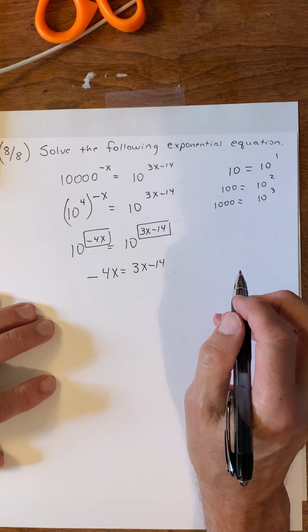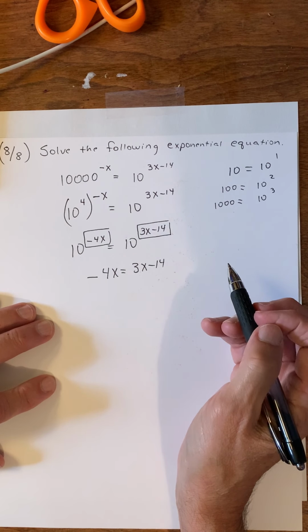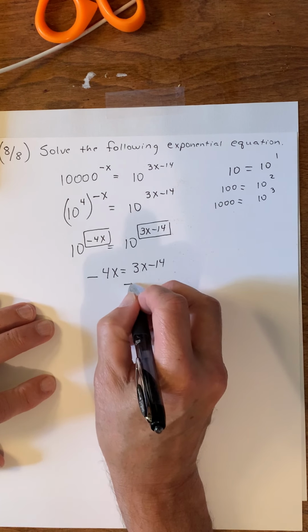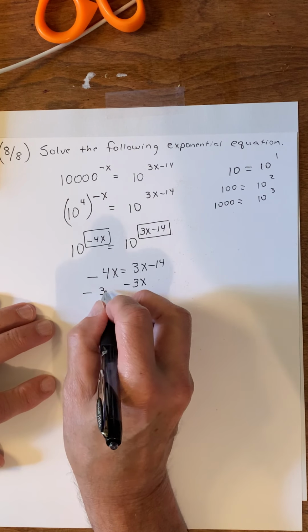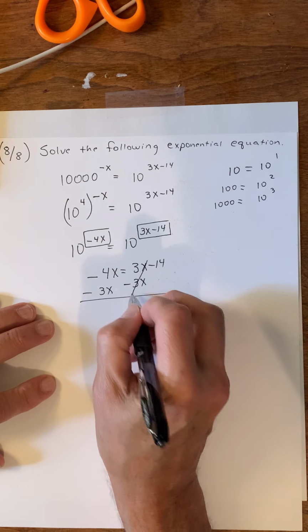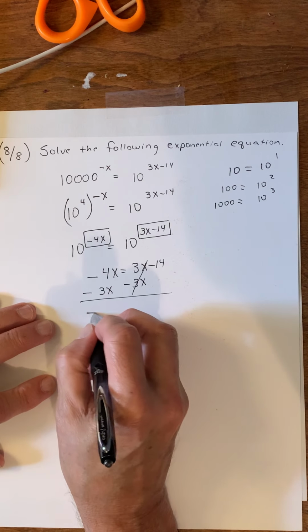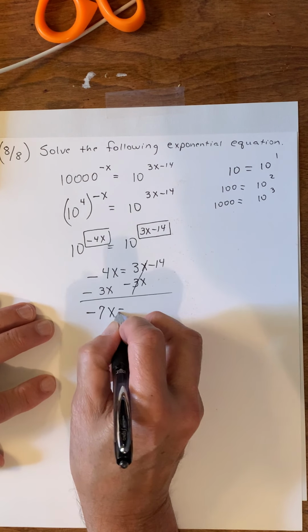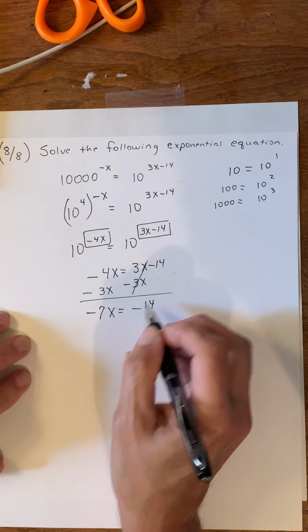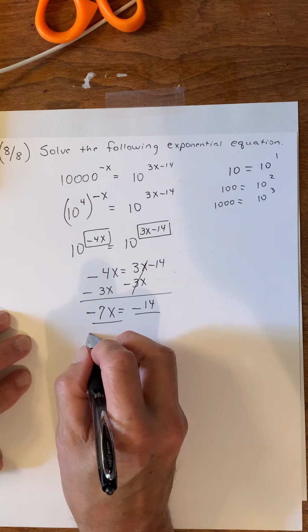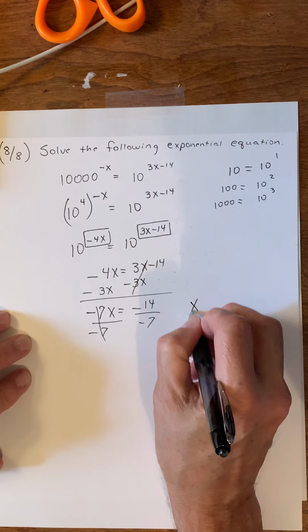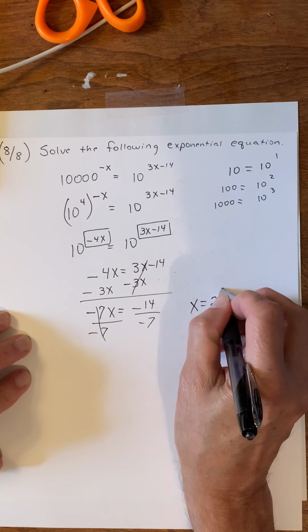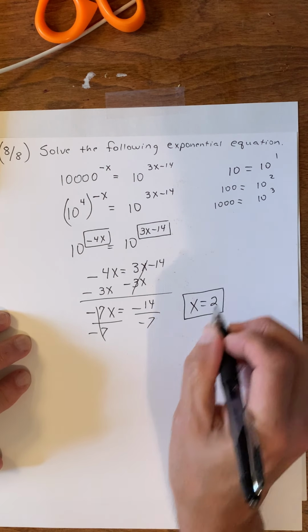Doesn't even figure in. Just looking at my exponents. So I think I'll get my x's on the left. -4x minus 3x, -7x. Hey, I'm going to divide by -7. -14 divided by -7, x is 2.